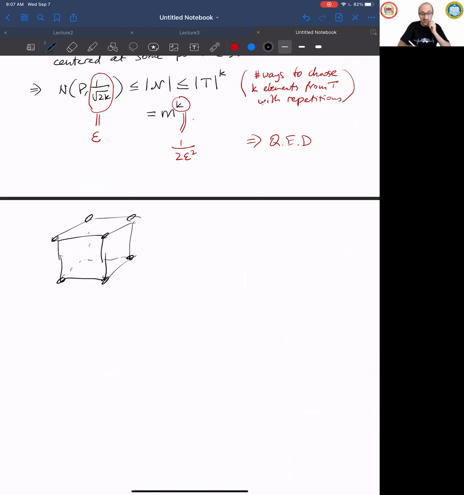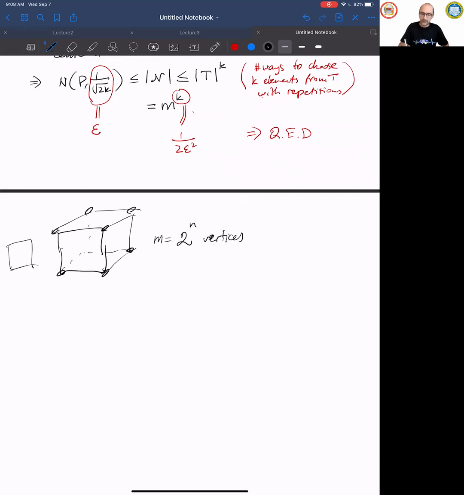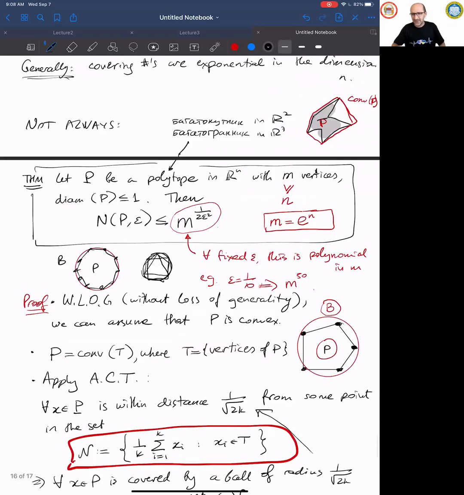Well, in dimension 2 it has 4. In dimension 3 it has 8. And in dimension n, it has 2 to the n vertices. So the number of vertices is exponentially large in dimension, and so this theorem is not really helping.